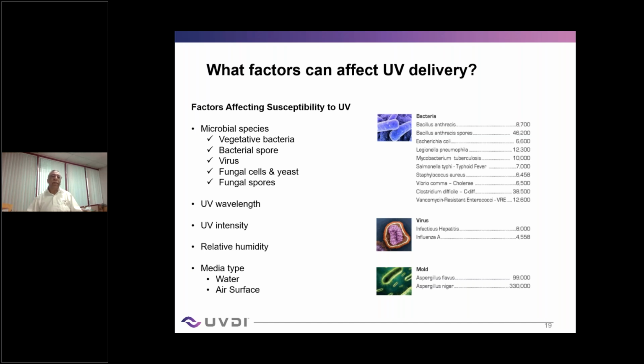So it's important that your wavelength is correct. The amount of intensity again depends on the microorganism. The media type, whether the microorganism is on a surface, in water, or in the air, is different. In air, the microorganism is more susceptible to UV, whereas on a surface or in water, it needs a much higher dose.